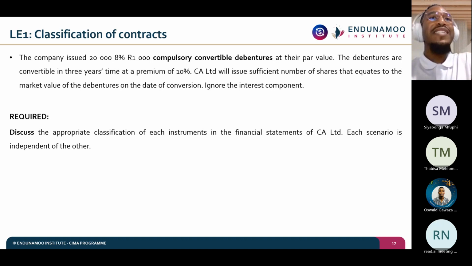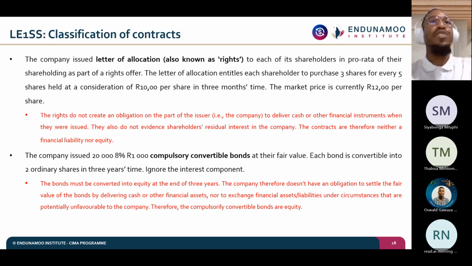The required asks us to discuss the appropriate classification of each instrument in the financial statements of CA Limited. Each scenario is independent of the other. We have discussed the two scenarios, the rights, with the first one where there is a letter of allocation that we discussed just now with Okuhle.